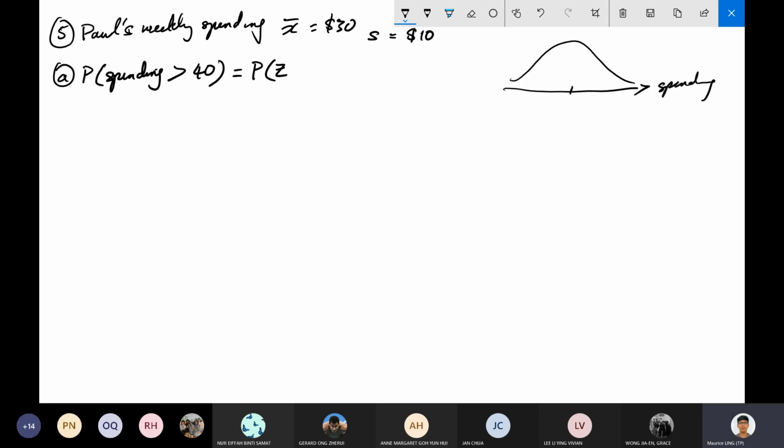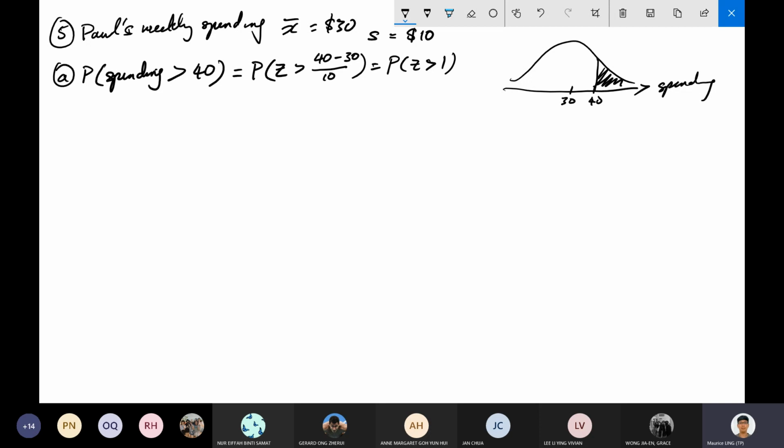Average is 30, one standard deviation is 40. And then what you're trying to figure out is what is this area. So it's more than 40 minus mean, which is 30, divided by 10. So you end up with P(Z is more than 1).